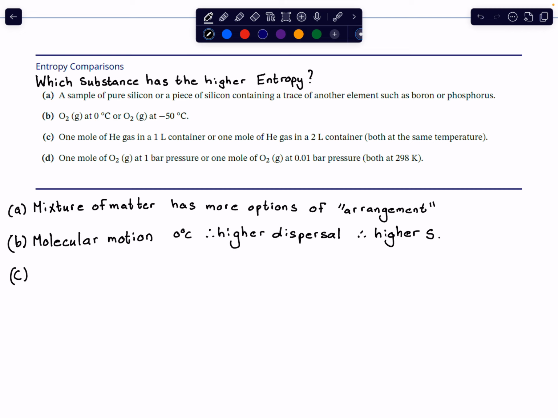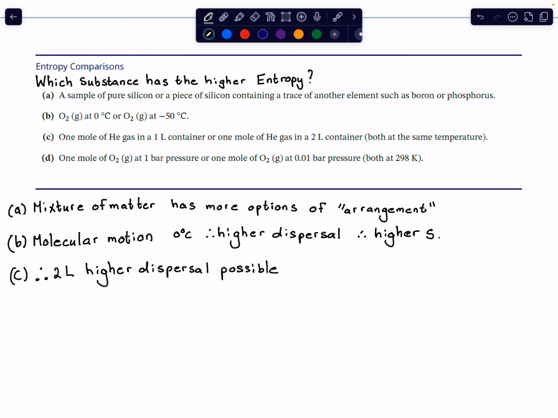So in 2 liters, the matter has physically dispersed more, so we have a higher dispersion, especially because we're looking at the same gas at the same temperature.